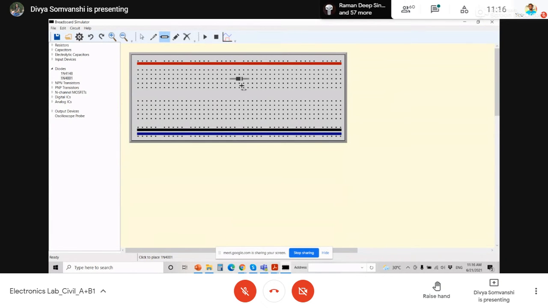Now, in our breadboard, if you remember, how are these middle holes connected?